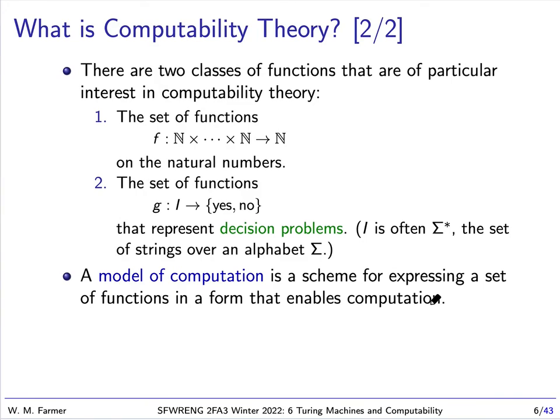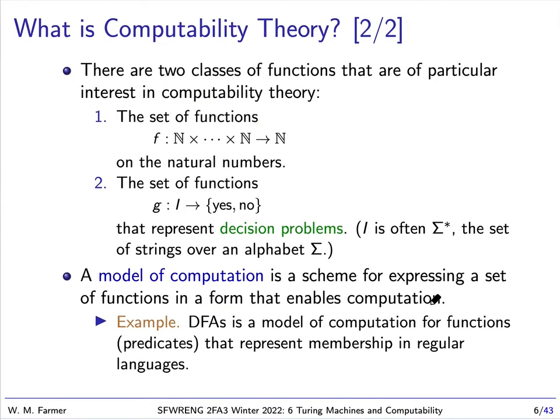Now, a very important notion in computability theory is the model of computation. A model of computation is a scheme for expressing a set of functions in some form that enables computation. It provides a way of thinking about a set of functions so that we can compute them. Here's an example.